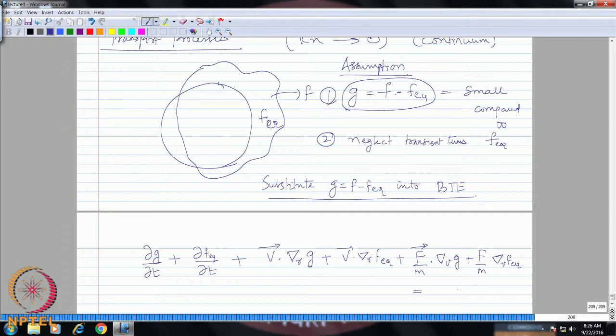This is equal to, on the right hand side, minus g by tau, right.